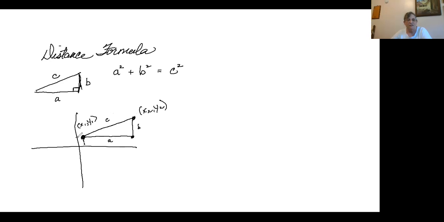This is the point x sub 1, y sub 1. So it might be the point 1, 2, or whatever. It could be negatives, it could be irrational numbers, anything. This is x2, so this is x2. Notice that this is also x sub 2. This is y sub 2.